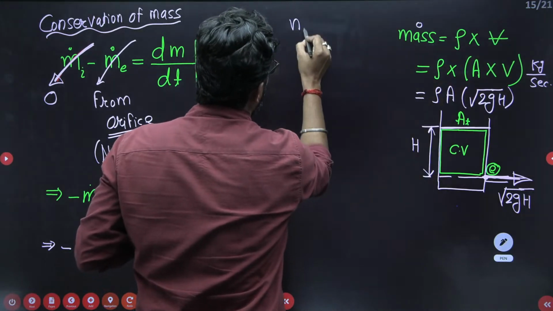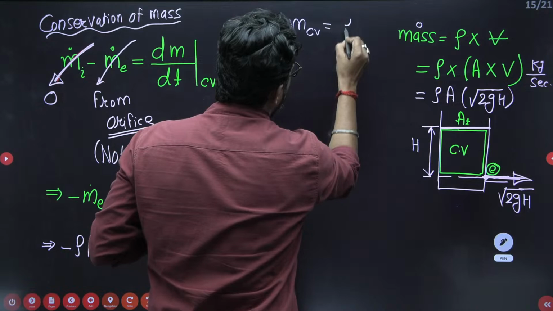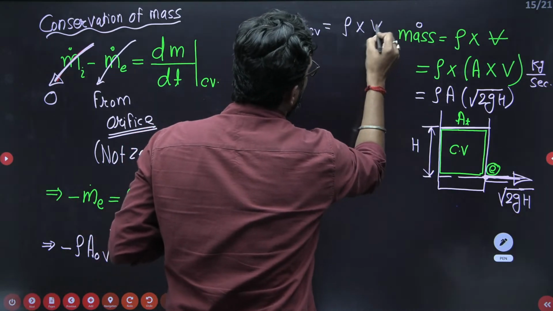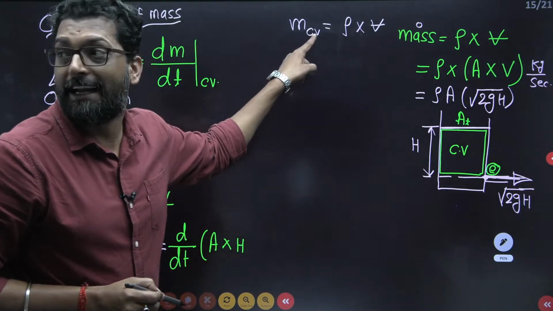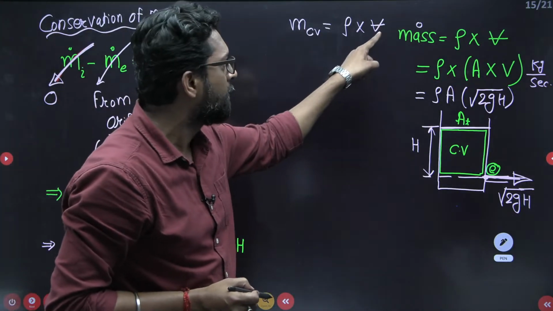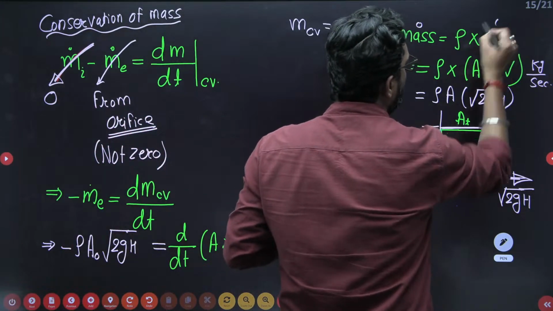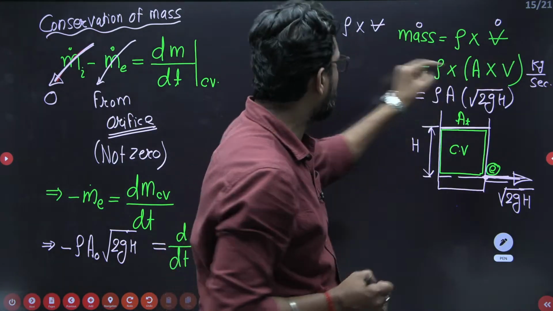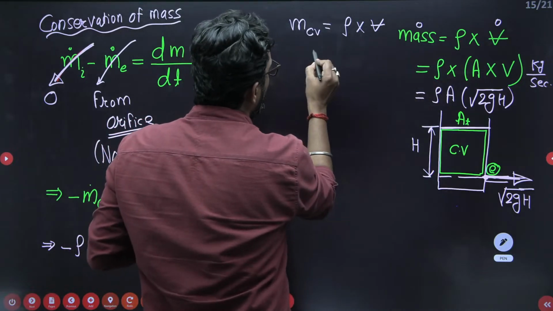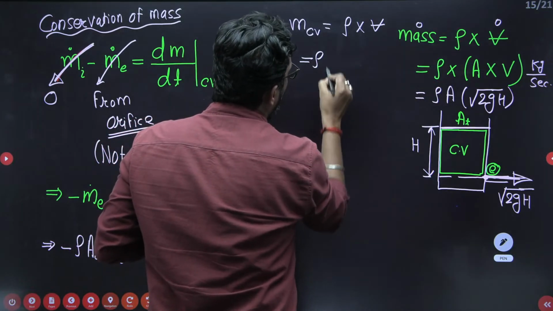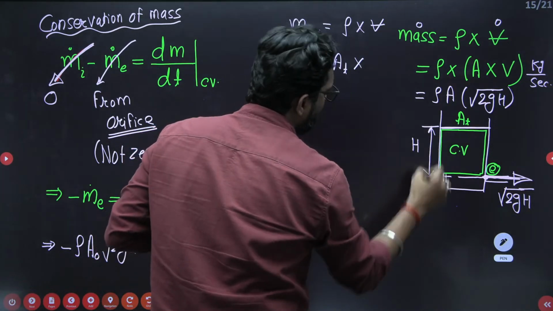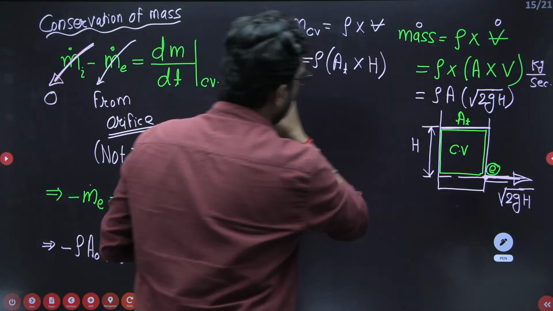Find the mass of a control volume. Density into velocity into area is not mass; that is the mass flow rate, so you don't consider it on a rate basis. On a rate basis, area into velocity is the volume flow rate. And the mass is rho into the volume of this, area into height, this height h.